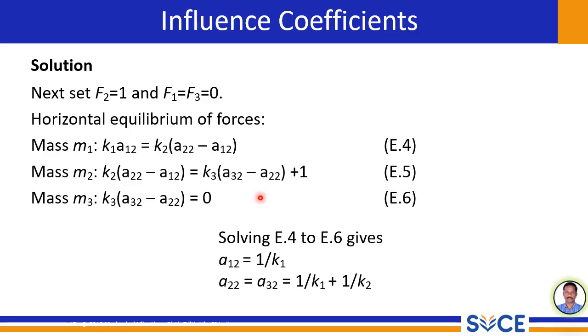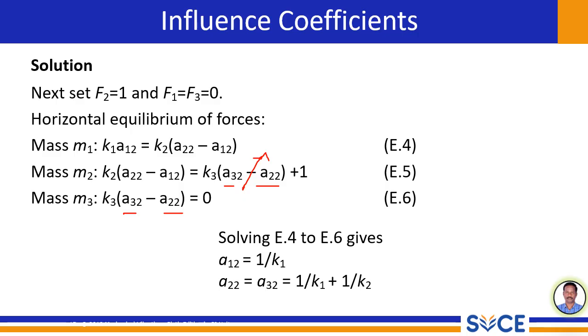At last, we have mass 3. In this case, mass 3 is not disturbed at all. Hence, through mass 3, if I substitute, I will get A32 equal to A22. Substituting this term, A32 equal to A22, this will get cancelled.